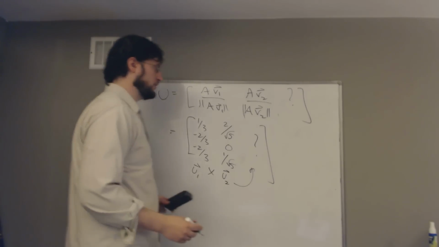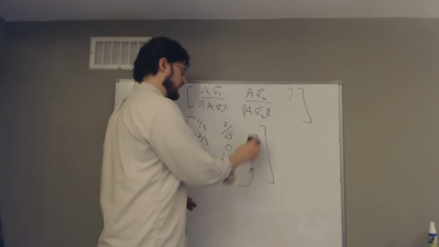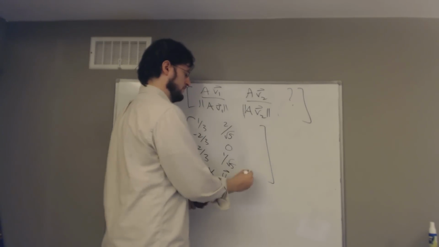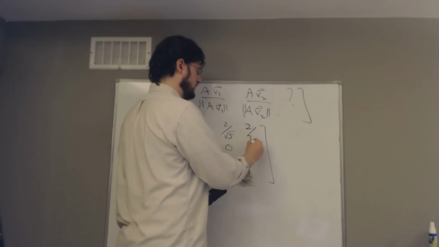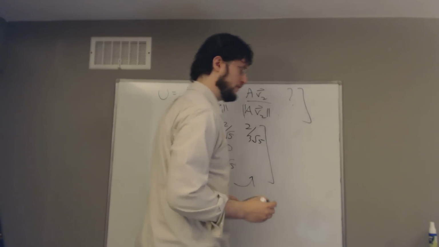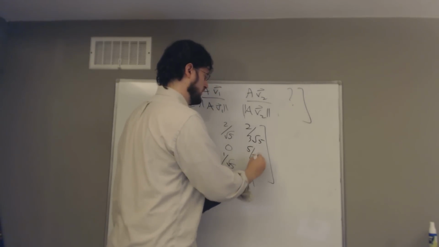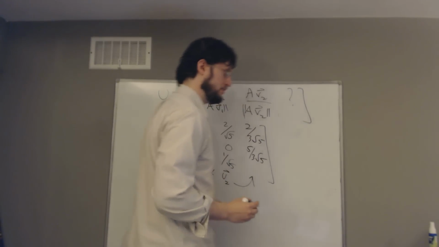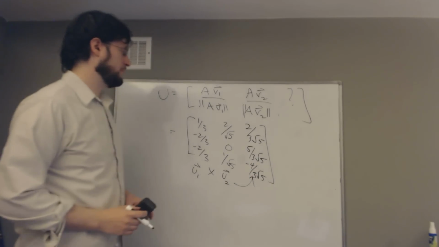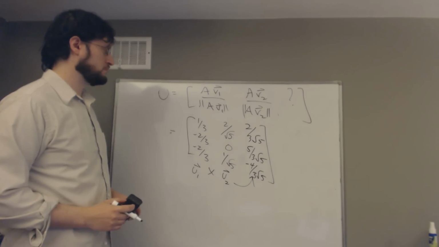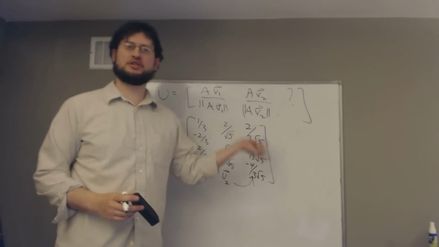And when I cross those, what we end up getting is 2 over 3 root 5, 5 over 3 root 5, and minus 4 over 3 root 5. And this is our matrix U.